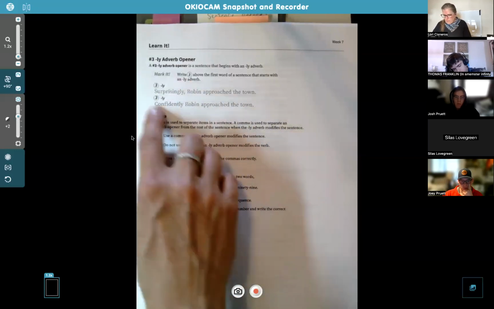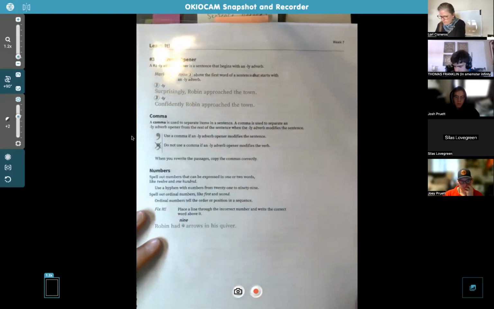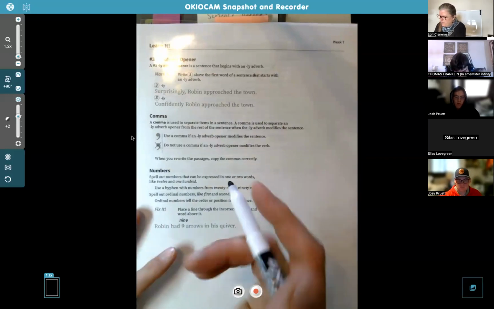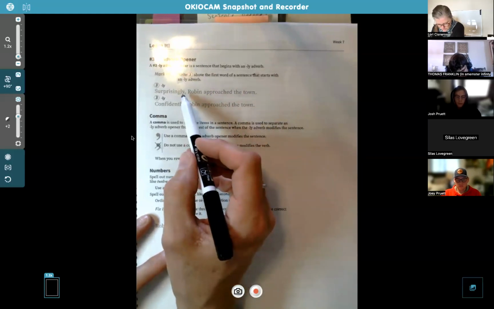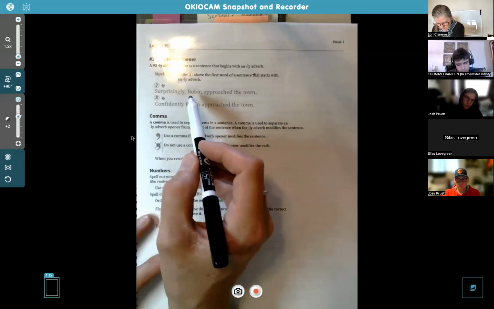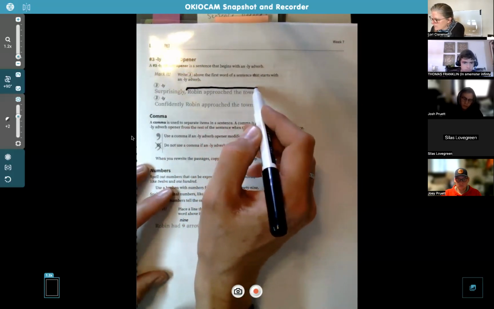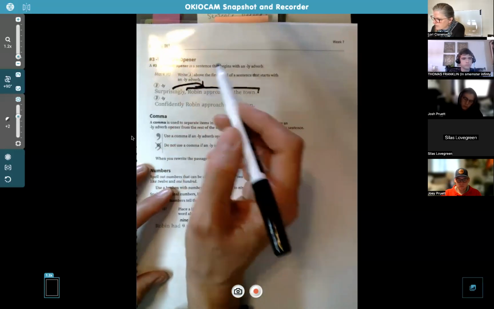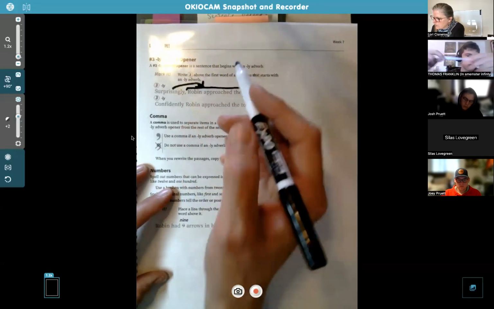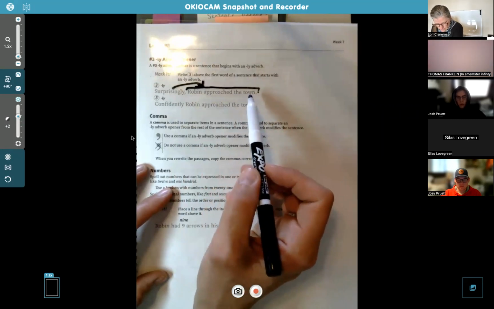Now, looking up at these 2, I'm going to have you just mark it. Okay, the first one has a comma because it does modify the sentence. So surprisingly, and I'm just going to have you do like a little bracket around this part of the sentence like that. And then I'm going to have you draw an arrow from surprisingly to that bracket. Surprisingly, Robin approached the town.